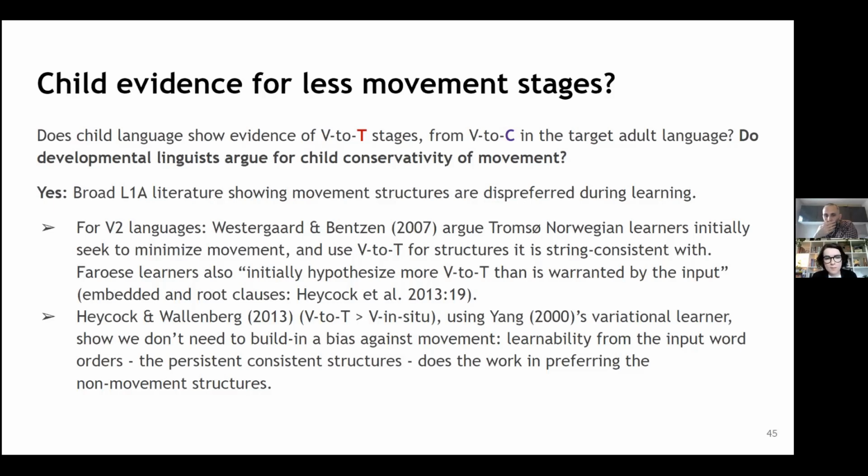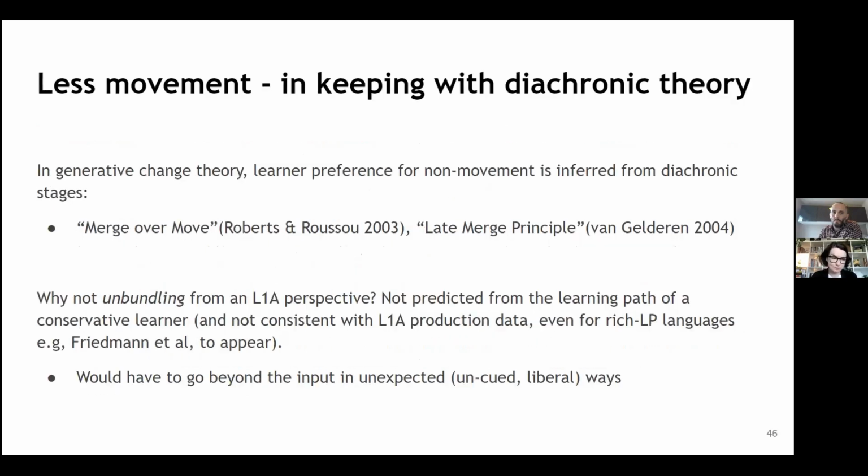And Haycock and Wallenberg, looking at a slightly different loss of movement phenomenon, but along the spine, using Yang's variational learner, show we don't need to build in a bias against movement. Rather, learnability from the input word orders, and particularly those persistent consistent structures in the input, will do the work in preferring the non-movement structures for the final stage.